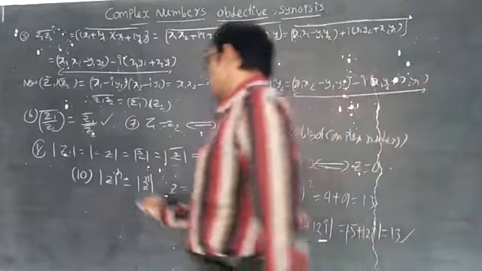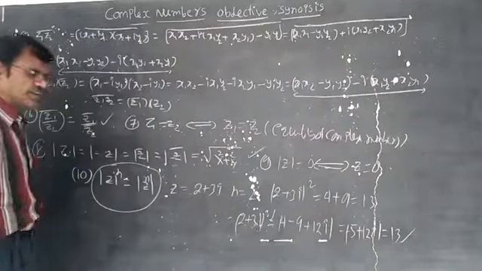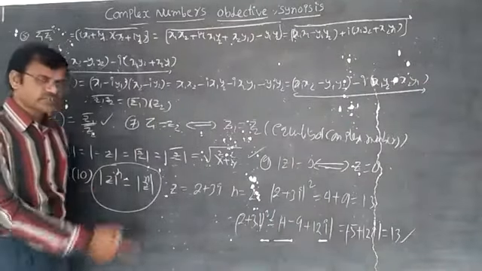Now you use the formula: mod z power n is equal to mod z whole power n.